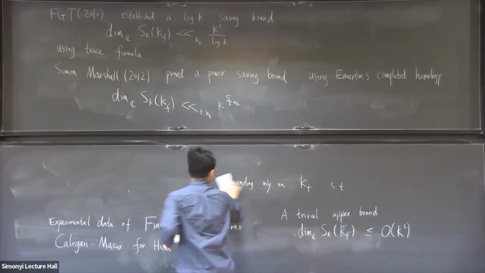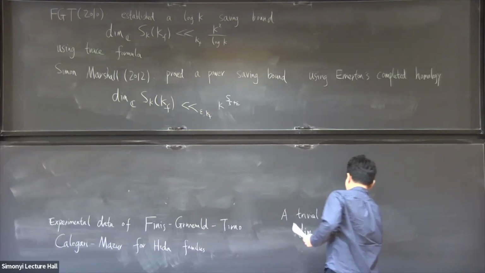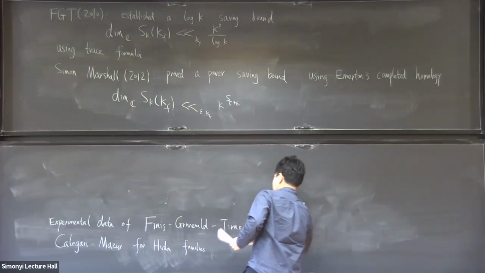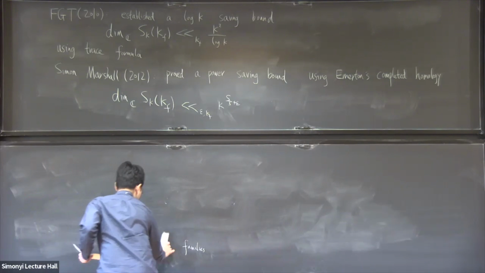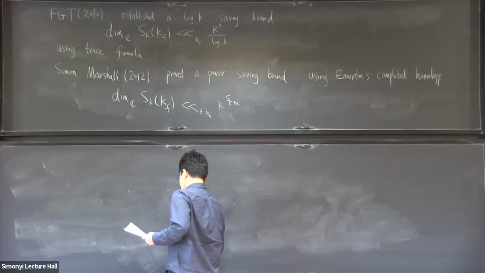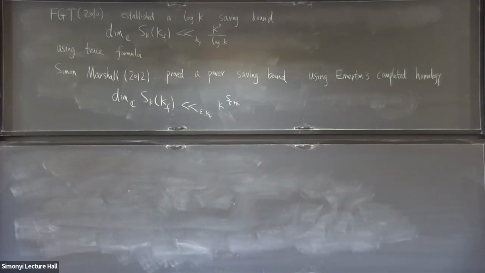And later on, Marshall's bound was improved. So Marshall used characteristic P representation theory of, for example, SL2QP.